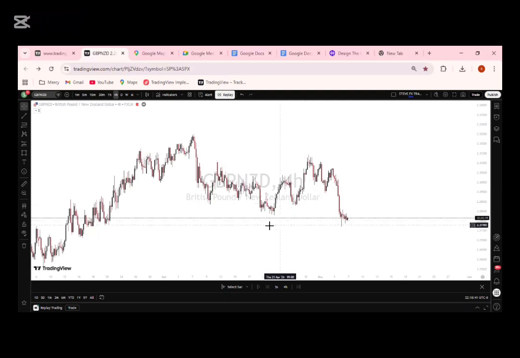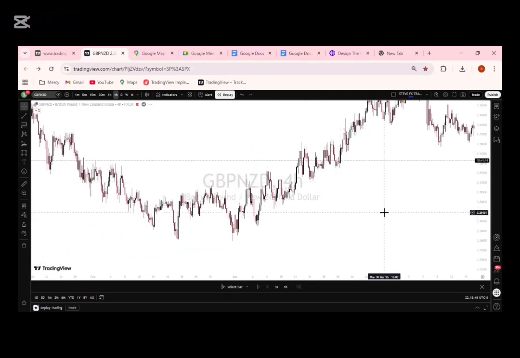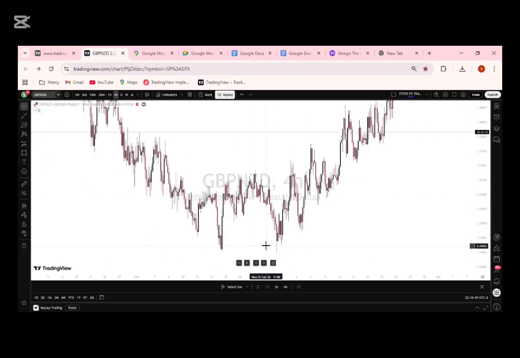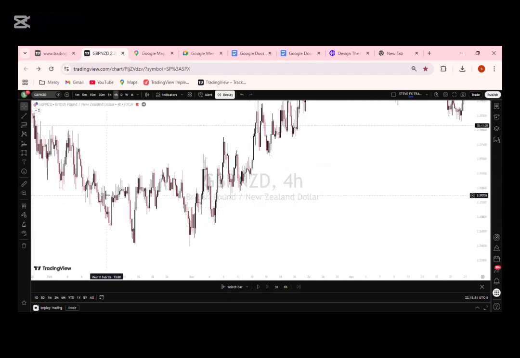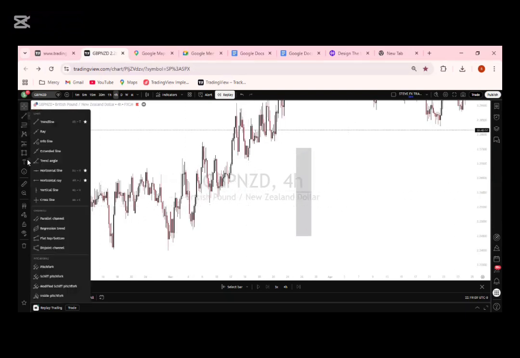Now, whenever we come to our chart and are going to be picking our order block, the first thing that we are going to be looking out for is the expansion move, either a swing leg.